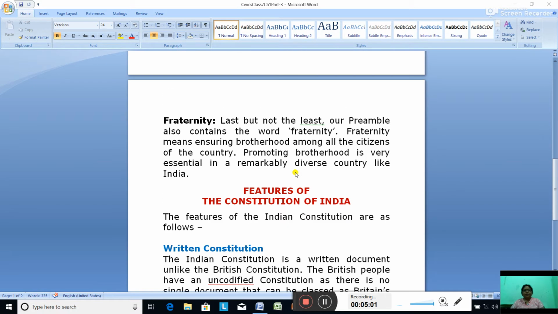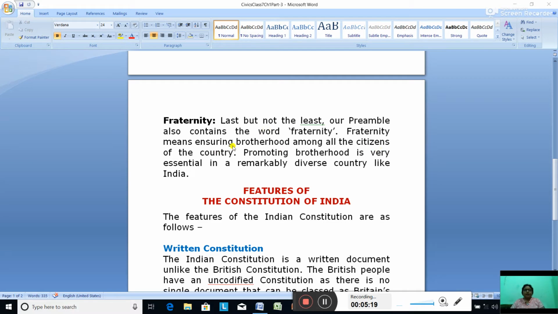Next we have fraternity. Last but not the least, our preamble also contains the word fraternity. Now, what is the meaning of fraternity? Fraternity means ensuring brotherhood among all the citizens of the country.